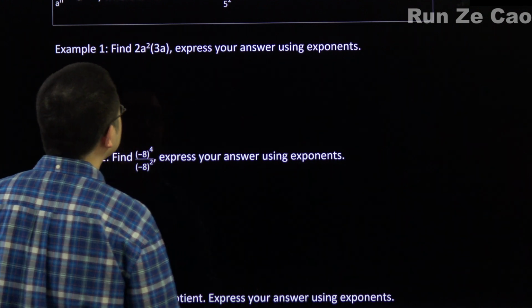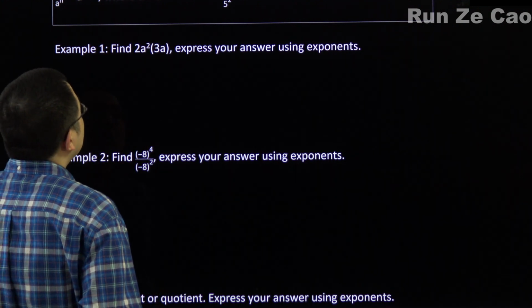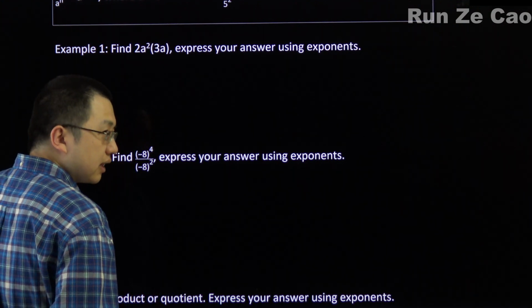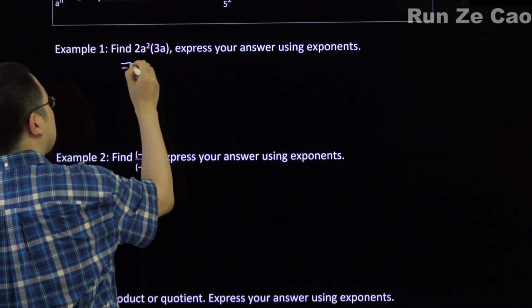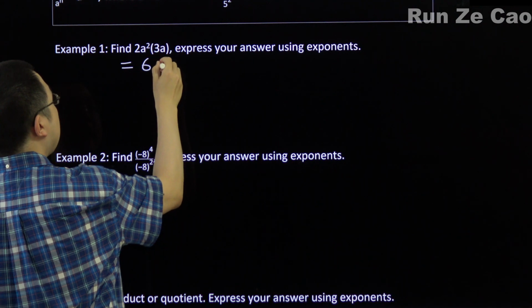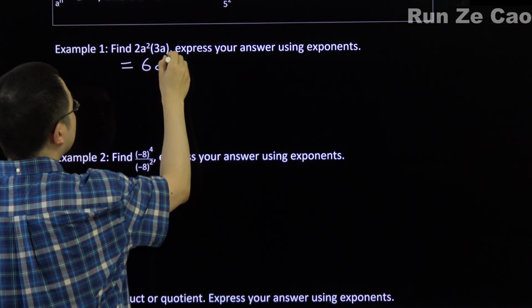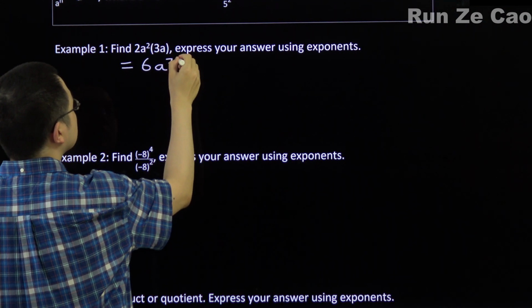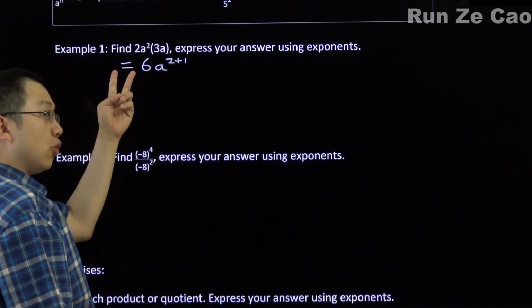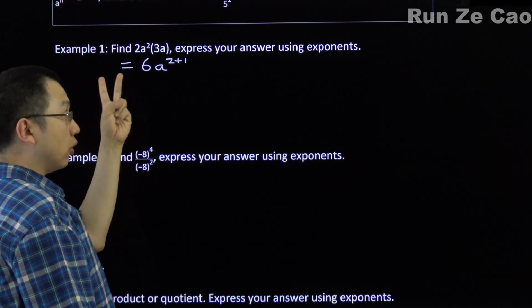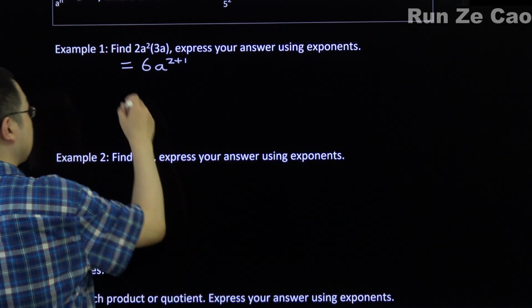Express your answer using exponents. Well, we know that the coefficients multiply together separately. So 2 times 3 is 6, and then a to the power of 2 times a to the power of 1. So we end up with 2 and 1, which is 3 a's.